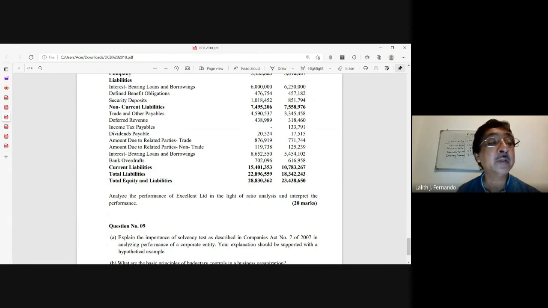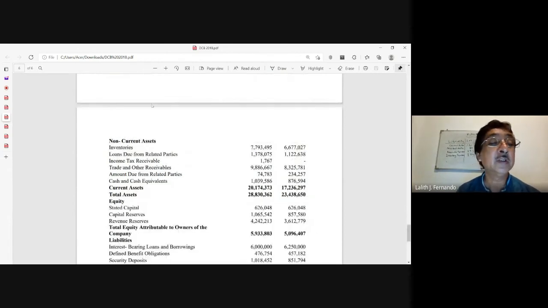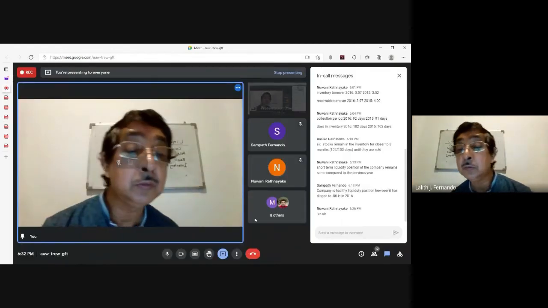And this is a very good question for you to practice, and you can even have your balanced scorecard and do the comparisons with some hypothetical situations. So that's what you need to do. I think that would really help you to understand all this corporate performance management. Is anything to be clarified? If you want anything clarified now.